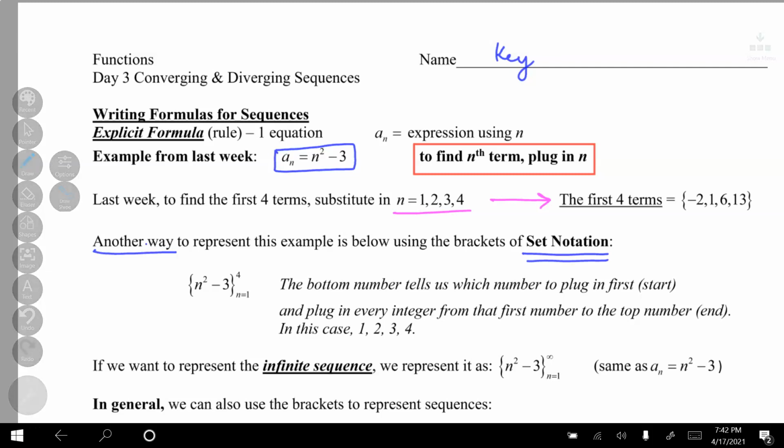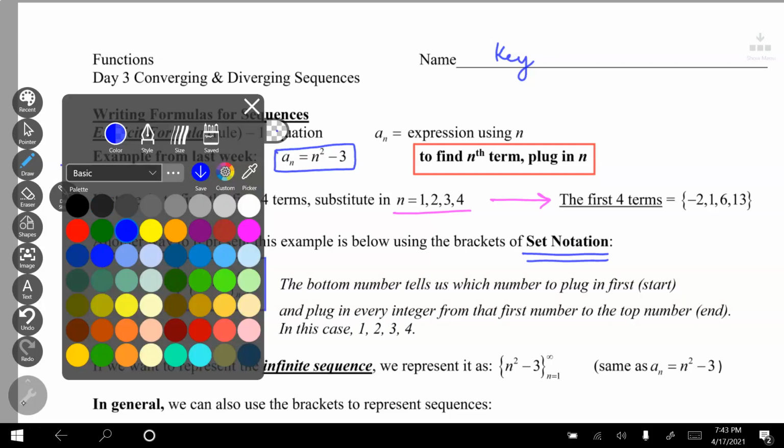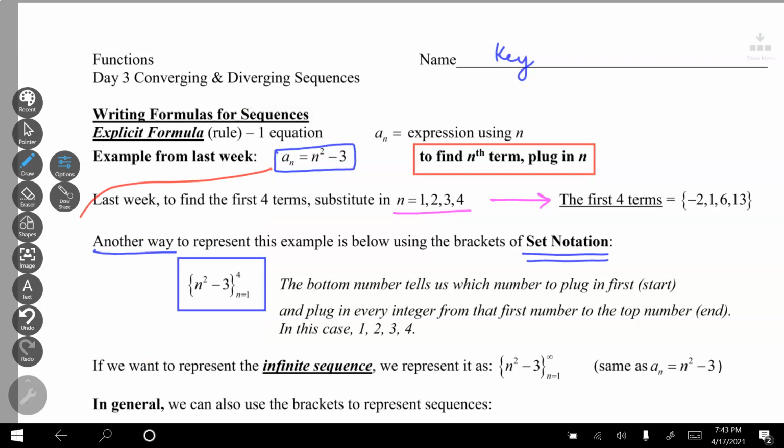So this thing right here, the curly brackets, n squared minus 3, and it says n equals 1 to 4. These are the same as what we did the other day. The bottom number tells me which number I should plug in first, and I plug in every integer from that first number to the top number until the end. And in this case, it was 1, 2, 3, 4.